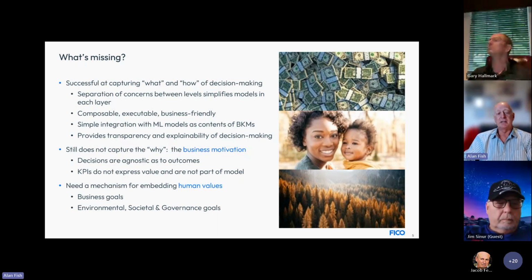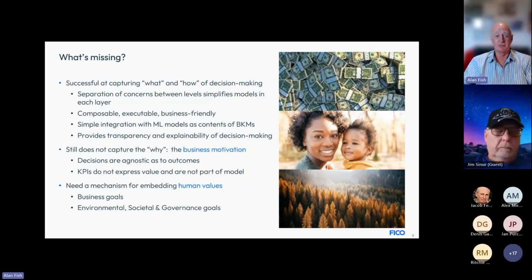So I think we need a mechanism for embedding human values in our decision models. These human values would typically be business goals. That's probably where businesses will first look for the expression of human value, but it's not just that.